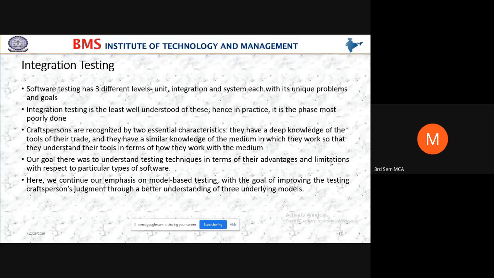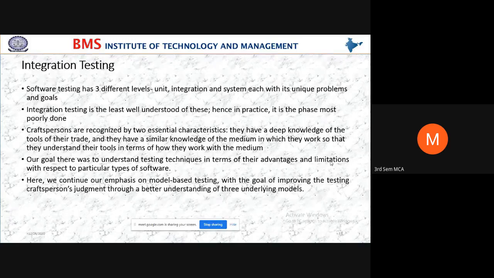Software testing has three different levels: unit testing, integration testing, and system testing, each with its unique problems and goals. So in testing we have three different levels, students.